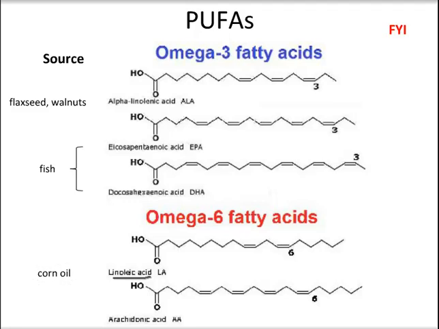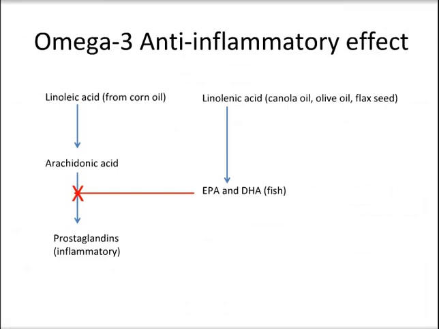Not necessarily. The overwhelming data is showing that the omega-3 from canola, olive oil, and fish have a beneficial effect, whereas the omega-6 from corn oil seems to have a deleterious effect.